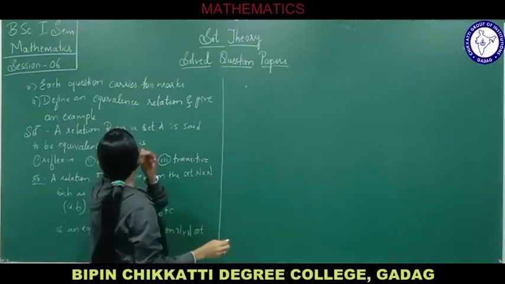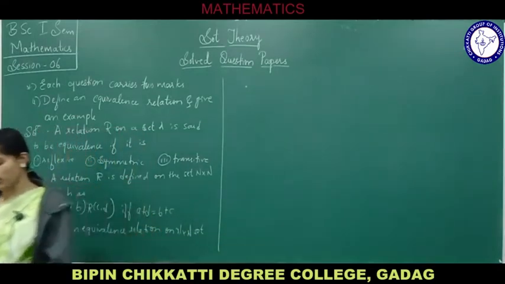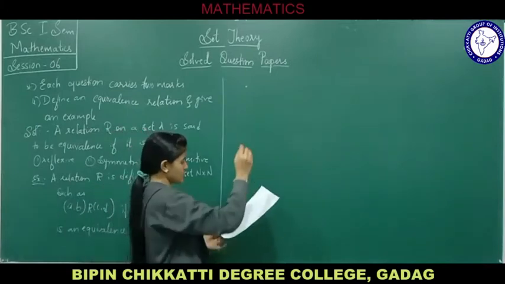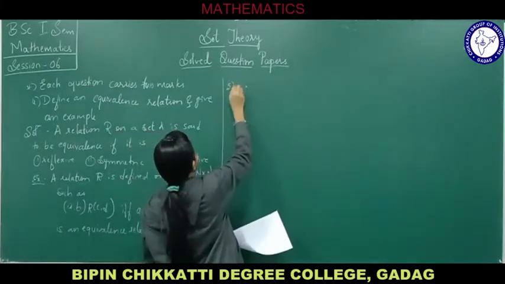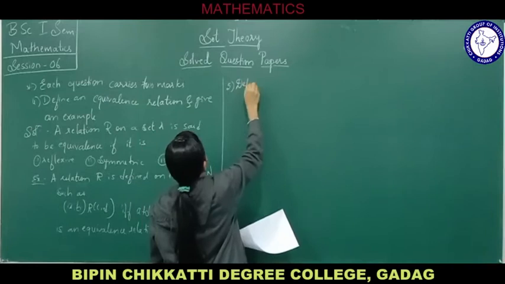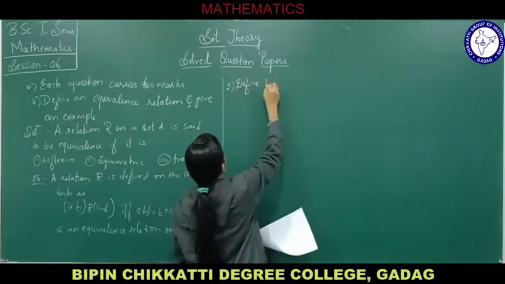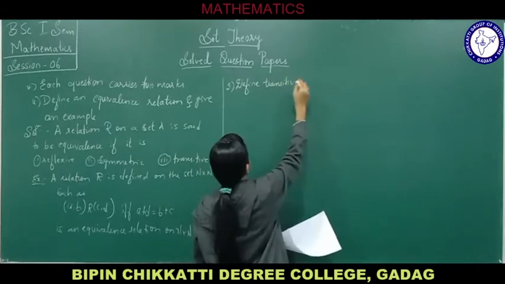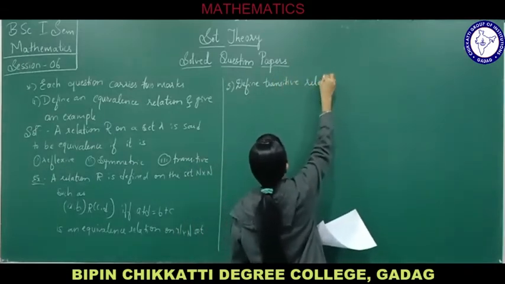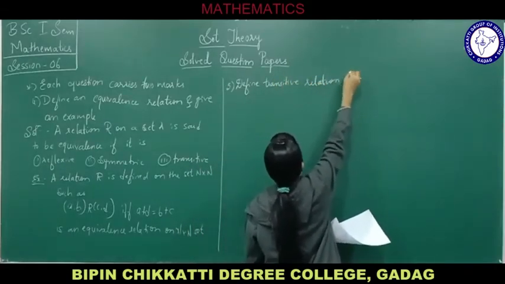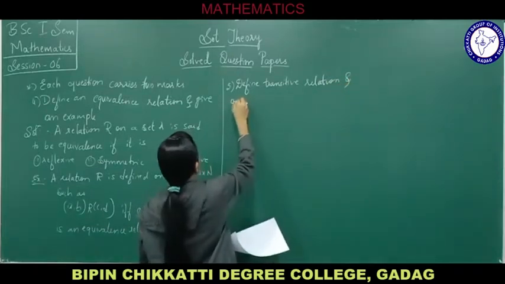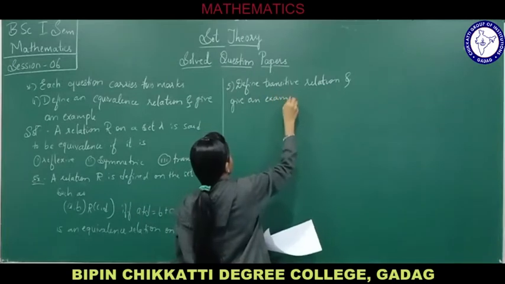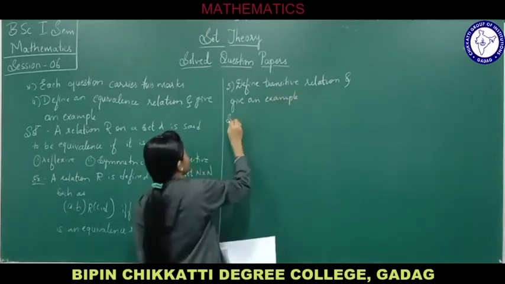Now next, let us solve one more problem. What have they given? Define transitive relation and give an example.